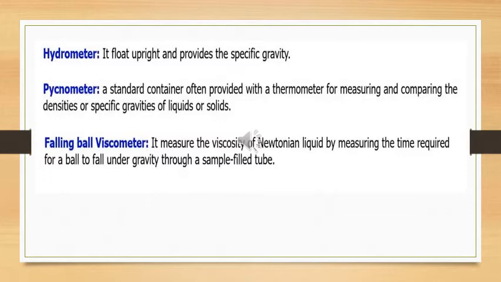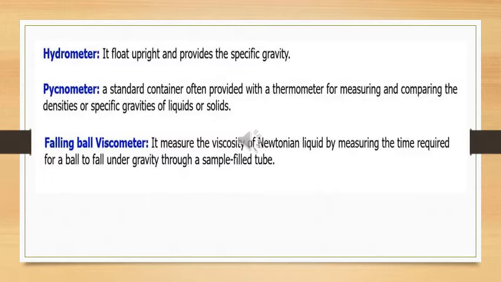Next is the pycnometer. It is a standard container, often provided with a thermometer, for measuring and comparing the densities or specific gravities of liquids or solids. In our activity, we're using a 50 ml pycnometer, and we have a separate thermometer.